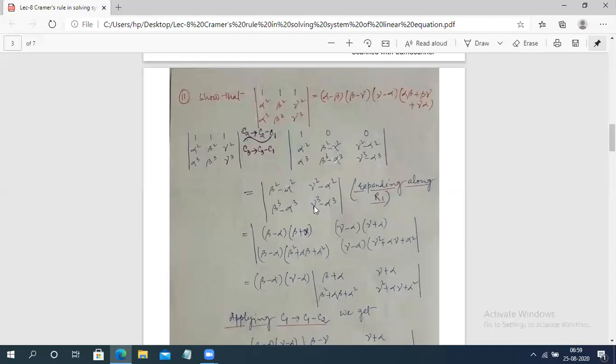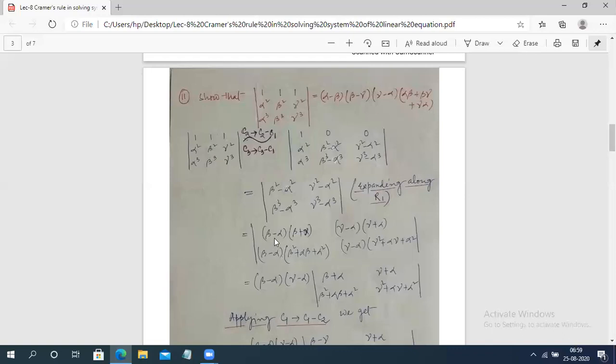And similarly, gamma cube minus alpha cube can be written as gamma minus alpha into gamma square plus alpha gamma plus alpha square. We are writing this formula because after writing this, we will have common terms in the first column and also in the second column.